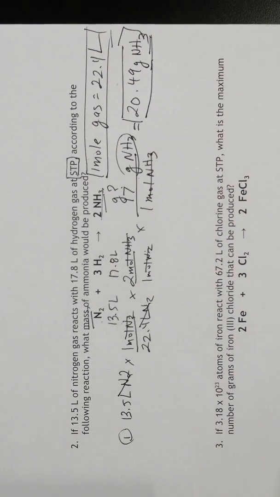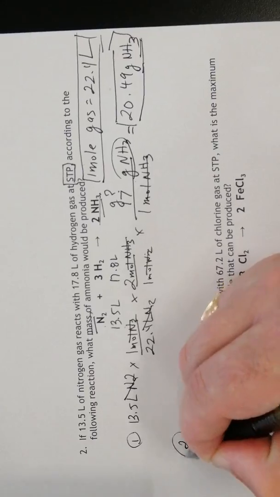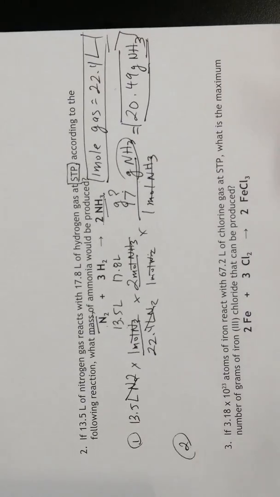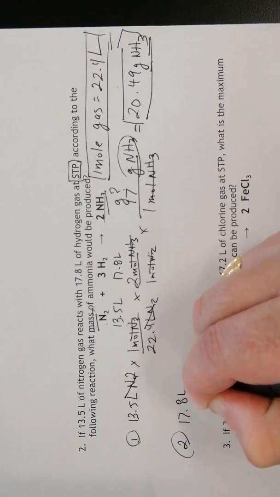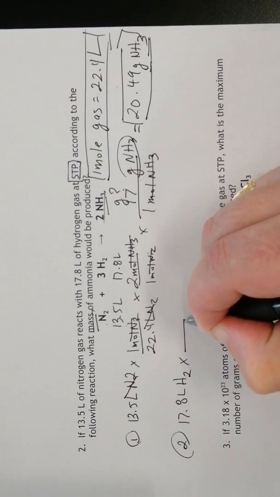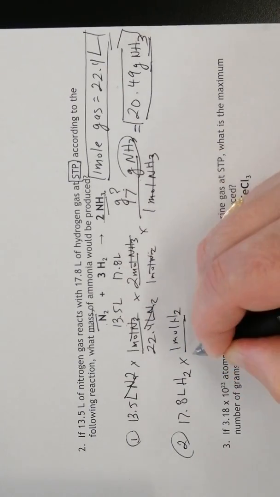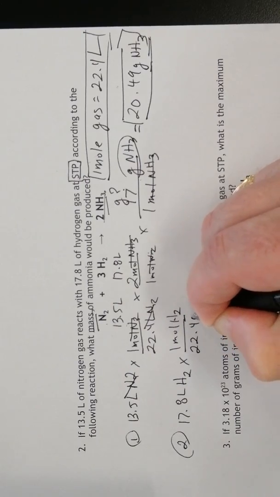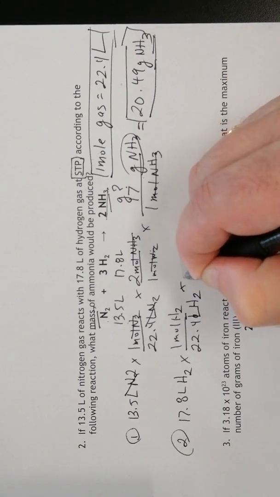Okay. That's nice. But we're also given a volume of hydrogen gas. So let's calculate it for hydrogen. So let's see, I've got 17.8 liters of hydrogen gas. We're at STP, so I can relate 1 mole of hydrogen gas to 22.4 liters hydrogen gas.